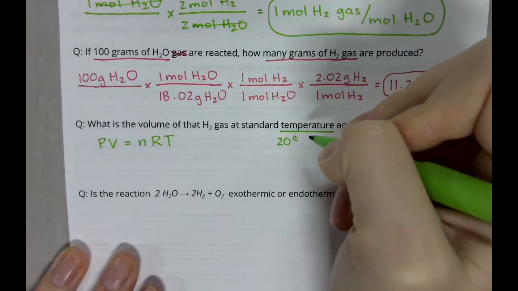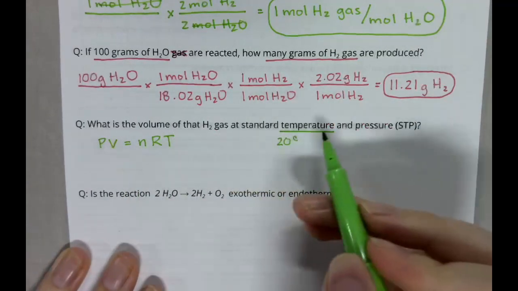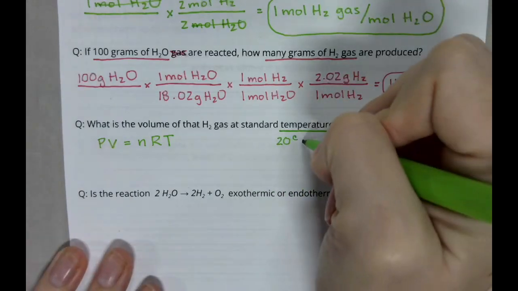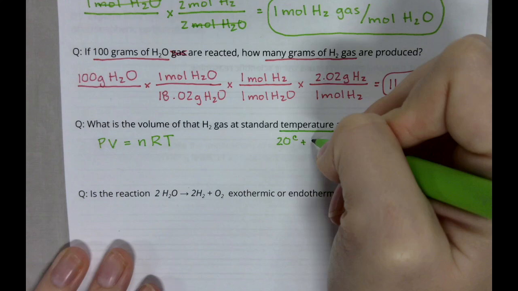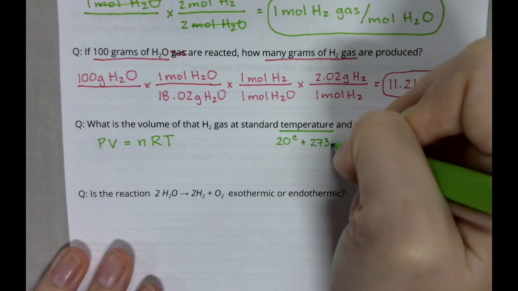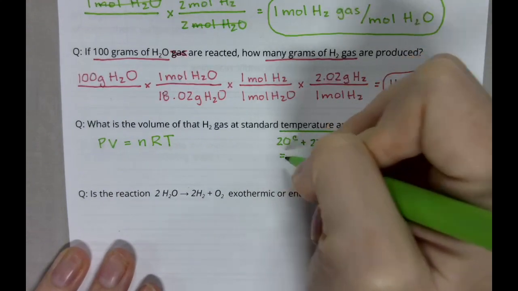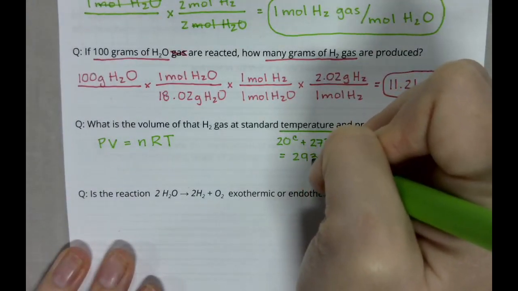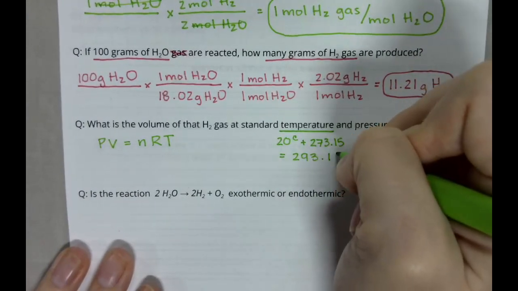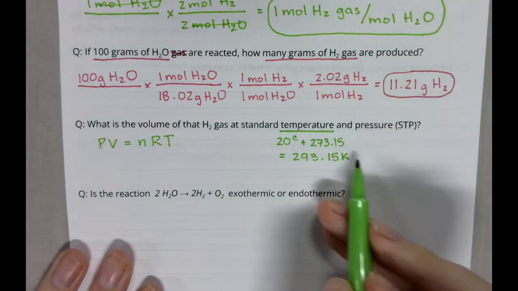Okay, and we know that we have to do PV equals nRT. It always needs to be in Kelvin, so we're going to convert that by doing 20 degrees Celsius plus 273.15, and that will give us our temperature in Kelvin, and that'll be 293.15 K.